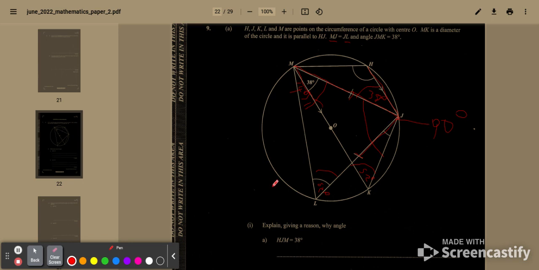So we can find what this piece is equal to. We add 52 plus 52, which is 104 degrees. Now to find what this angle is, we know angles in a triangle add up to 180. So if you take 104 from 180 degrees, you get 76. So this makes up 76 degrees out of 90.